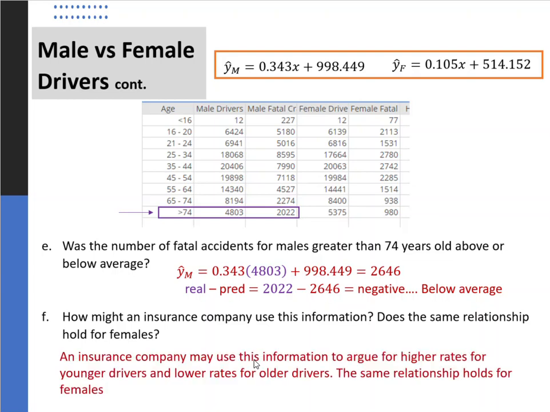So insurance companies will generally use this type of information to argue for higher rates for younger drivers, and then they end up lowering the rates for older drivers. And if you were to go back through and do the same process for the females in the exact same age bands that we've already done, you would see a similar relationship holds for them.